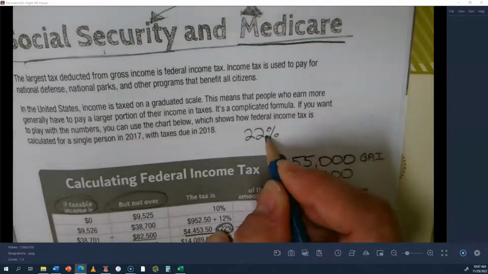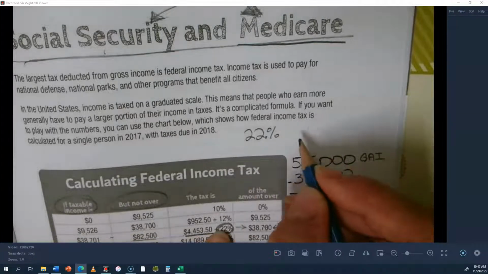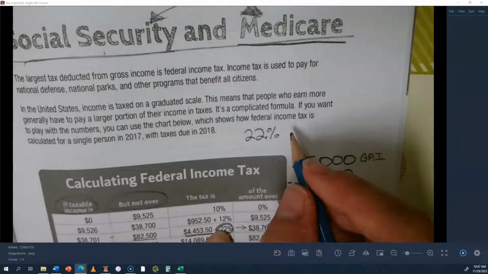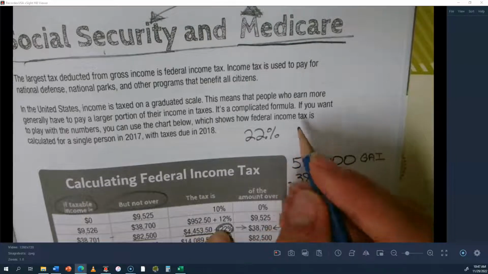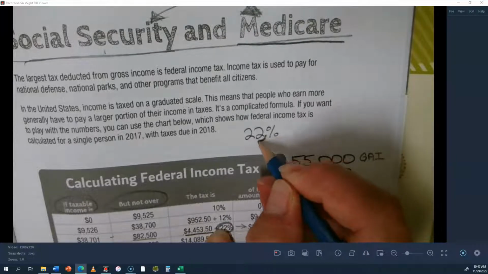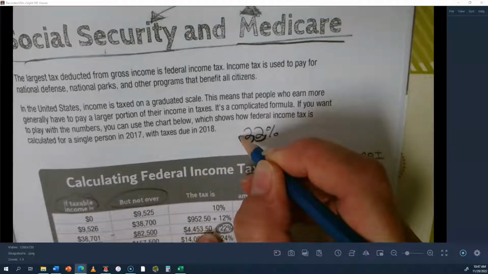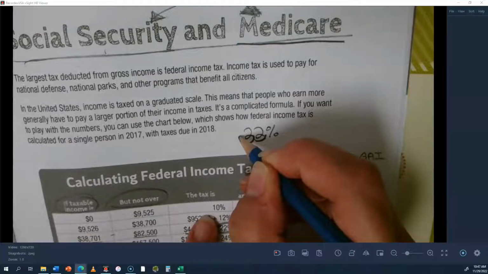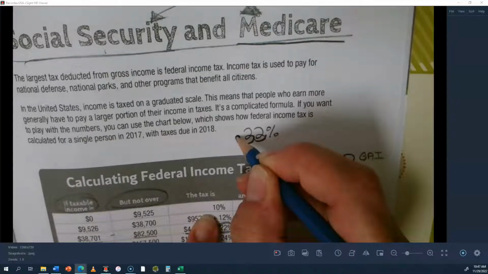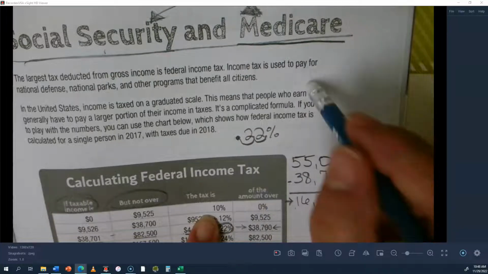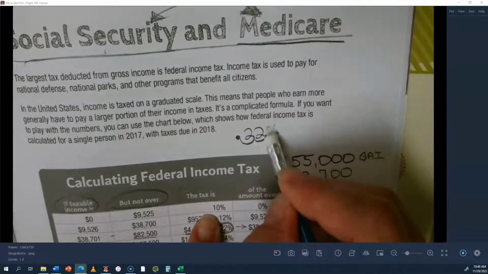So remember, there's a hidden decimal point behind every whole number. And I'm simply going to move the decimal point 2 places to the left. You're always going to move it 2 places to the left when finding the percent. Okay, and I'll re-add the decimal point here. And then I'm going to erase my percent.